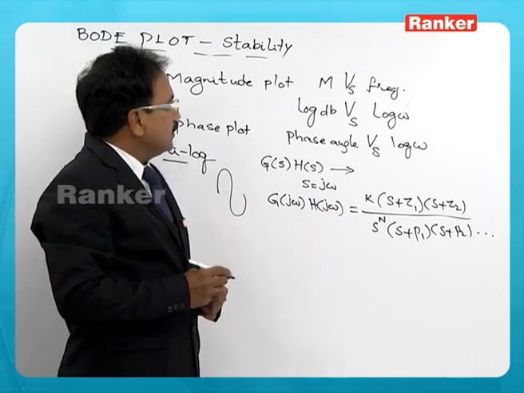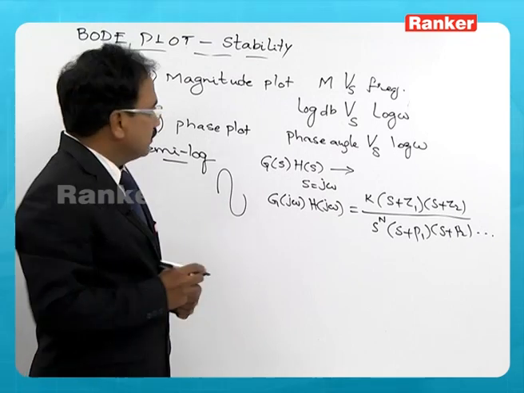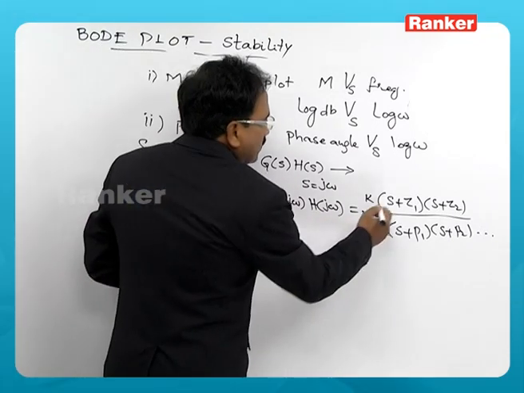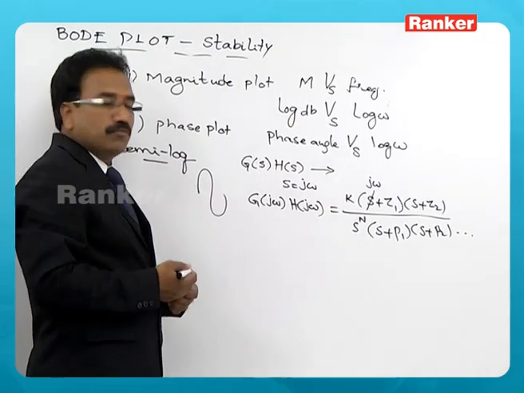This is the standard representation in pole zero form of given loop transfer function. Now, as you replace s by j omega, the function becomes sinusoidal transfer function.